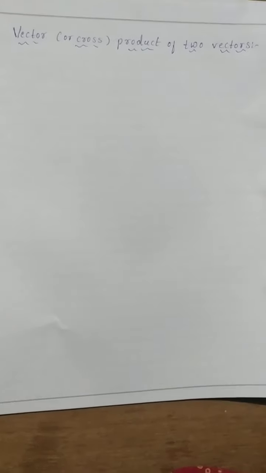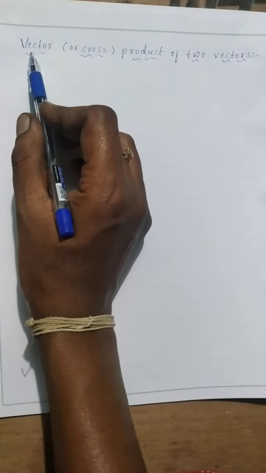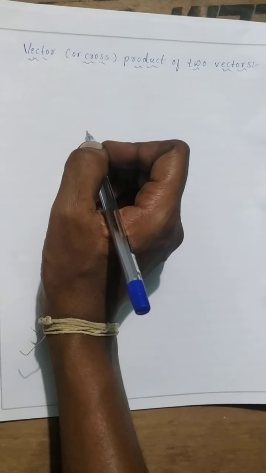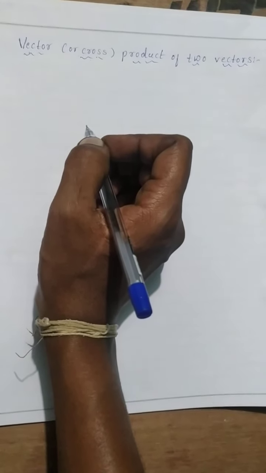Again, in the vector or cross product of two vectors, the resultant will be a vector itself, that is, there will be i, j, k components.